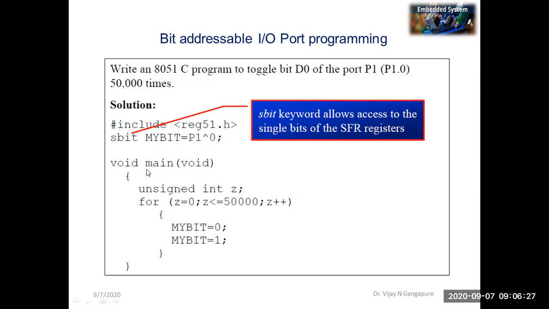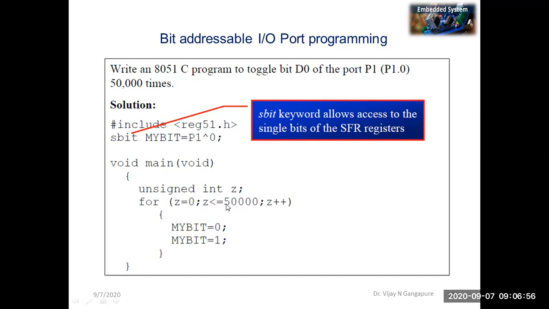Then void main void function. The program is written inside this main function. The first statement is a declaration statement, unsigned int z. So I am declaring z as an unsigned int type variable, and then there is a for loop. Inside this for loop the first expression is z equals 0, meaning this variable will be initialized with value 0, and z is less than or equal to 50,000.